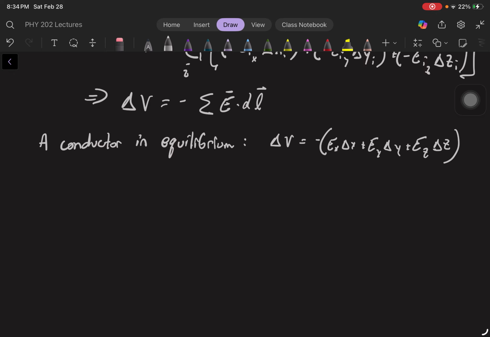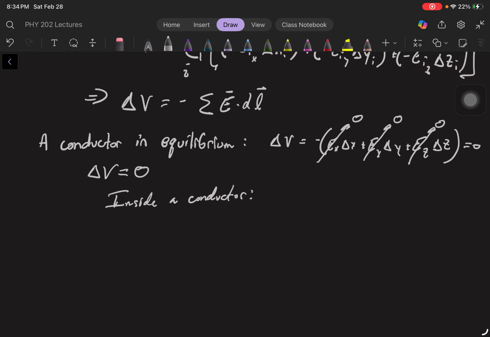But what do we know about electric fields in a conductor? 0. Okay. And so if this is equal to 0, right, if delta V is equal to 0, we can say inside a conductor, the potential is a constant. All right, that's true for inside a conductor.